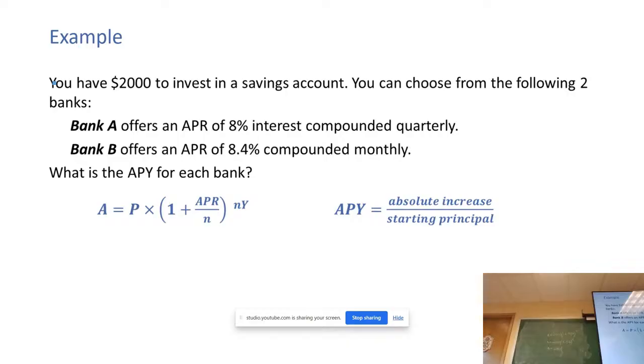Mm-hmm. 1.08. And does it keep going after that by chance? 1.08243216. Okay. So then if we multiply that by the 2,000, $2,164.86.